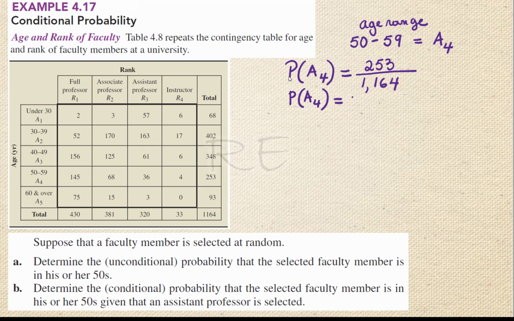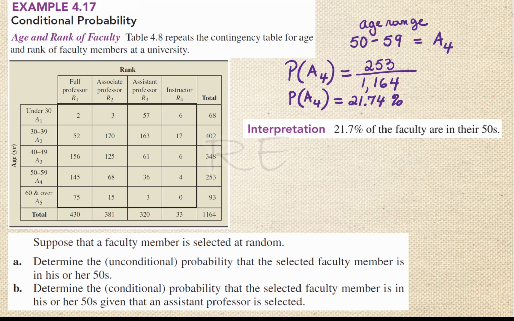And that number is 21.74%. 21.74% of the faculty are in their 50s.